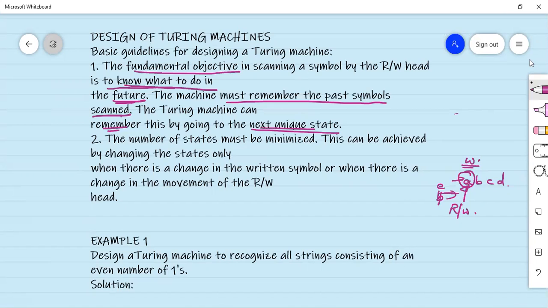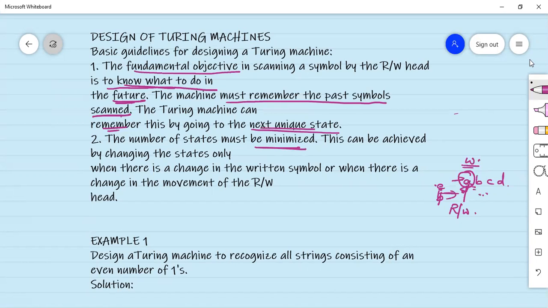The next objective is that we should write it using as few states as possible. For example, you change the state only when there is a change in the written symbol, when you are replacing, or when you are making a movement. Otherwise, don't change.